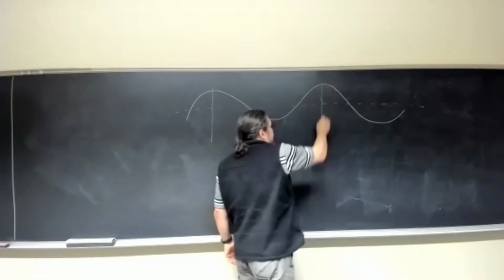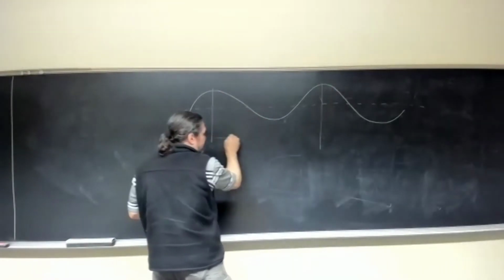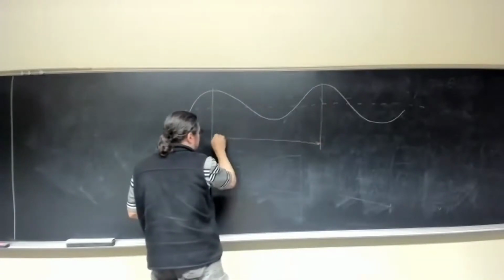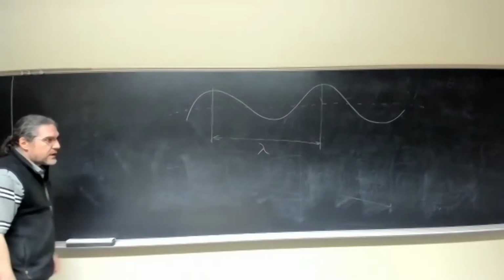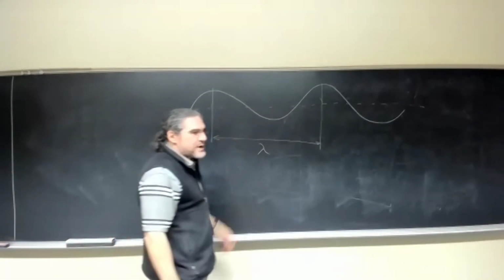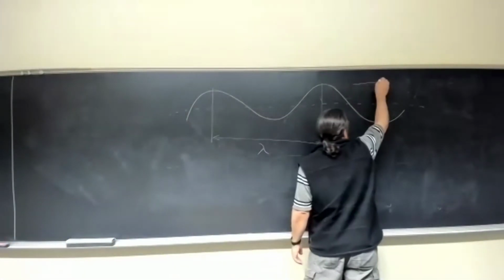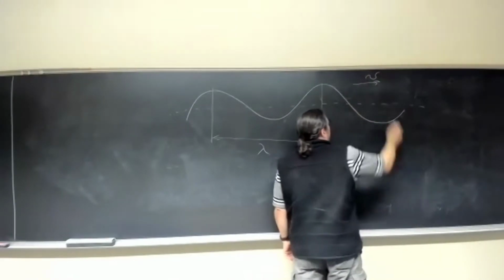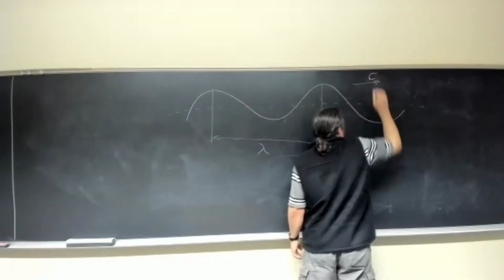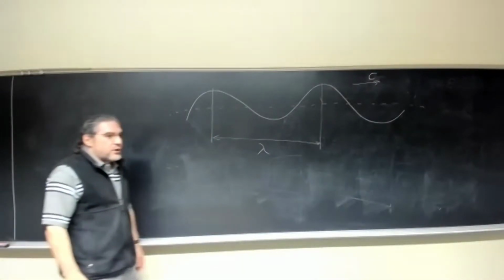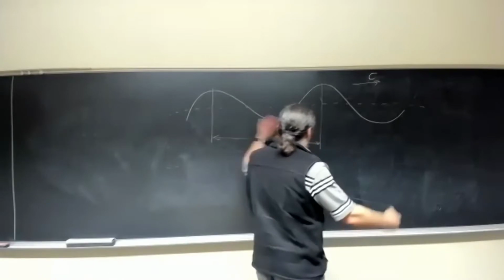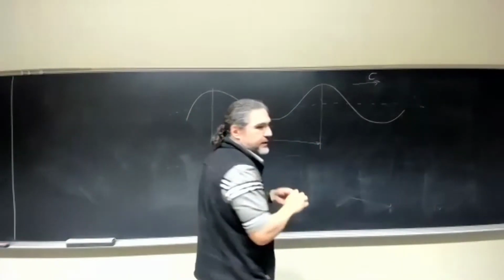This distance in real space, that distance lambda. It's the wavelength. Now, the waves usually propagate with some velocity, v, or let me call it c, just to be fancy.